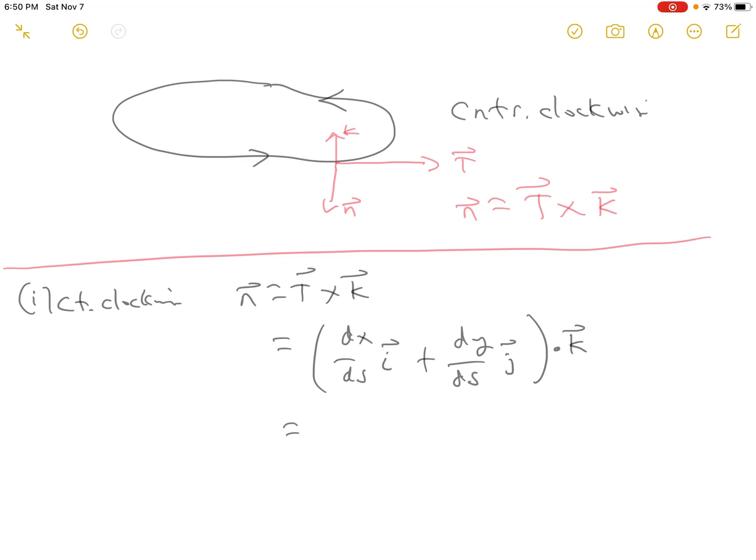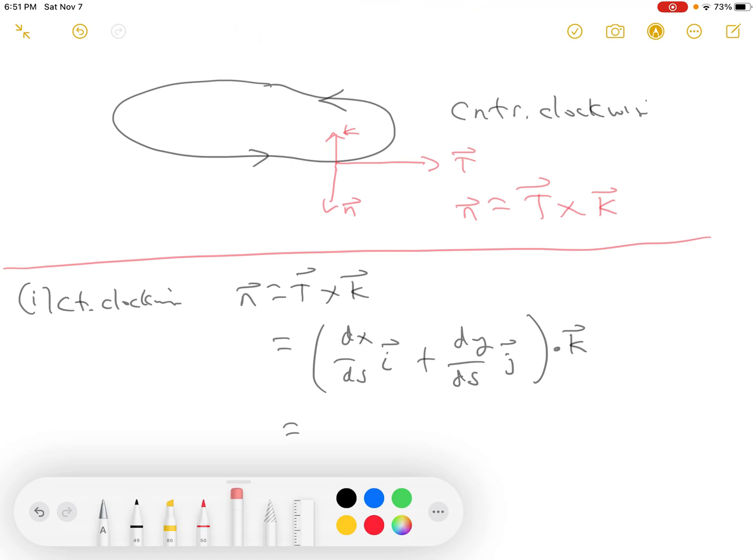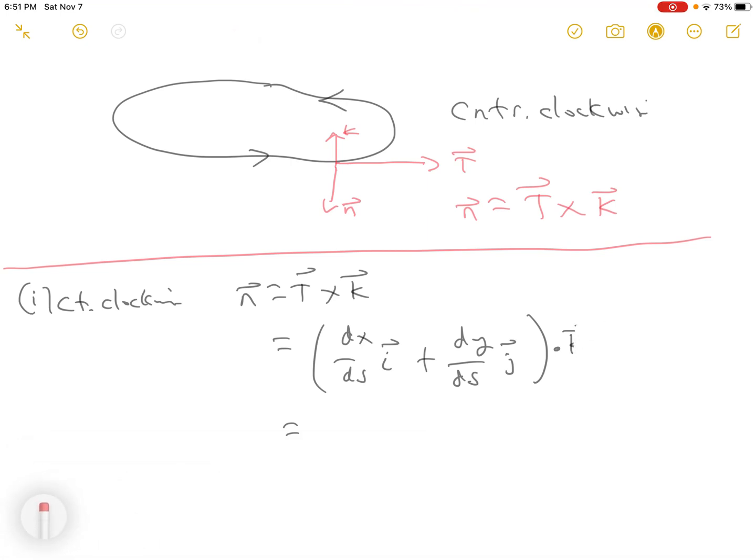Oh, it's because it's a cross product. Sorry about that. I had a little brain moment there. It's not a dot product. It's a cross product.